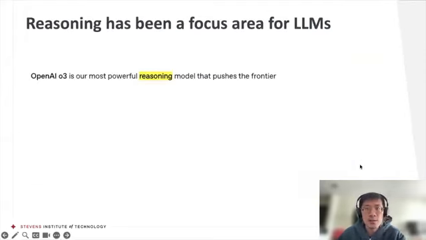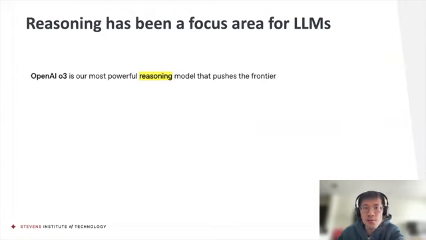So, reasoning has been a great focus area for large language models. In many of the recently released language models, in either the title or the first sentence of the announcement, the large language model service providers will mention the capability of reasoning.